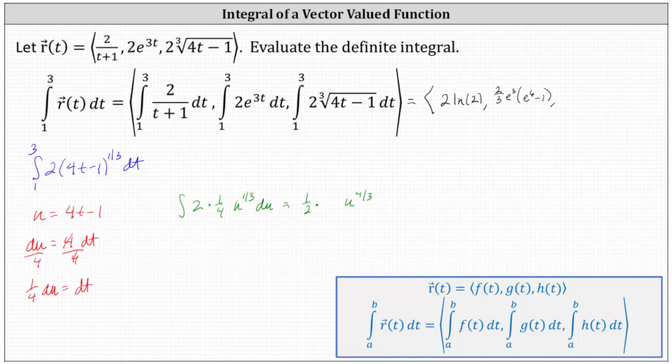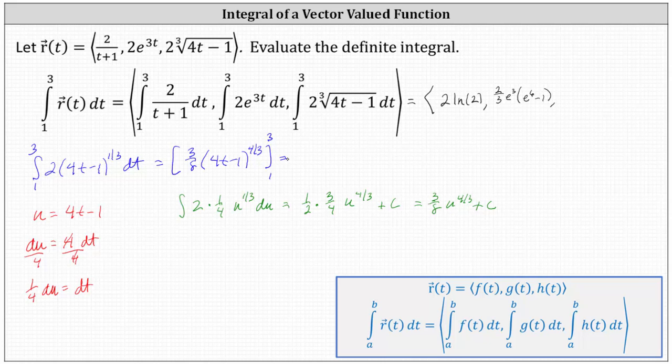And then we divide by 4/3, which is equivalent to multiplying by the reciprocal of 3/4. Simplifying, we have 3/8 u to the 4/3 plus c, which indicates big F of t for the definite integral is 3/8 times the quantity 4t minus 1 to the 4/3.